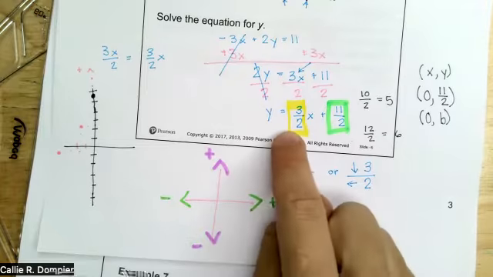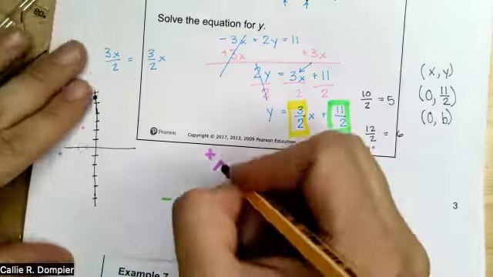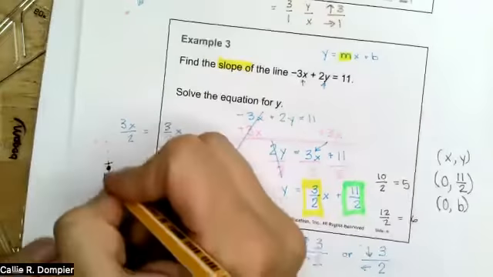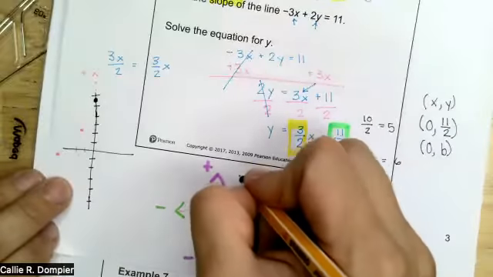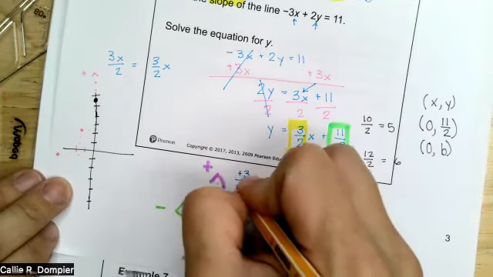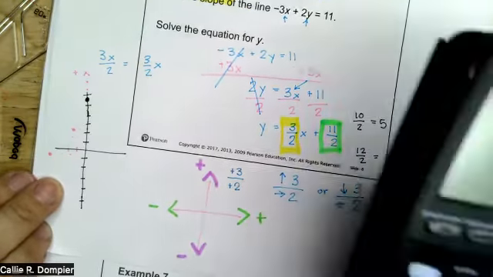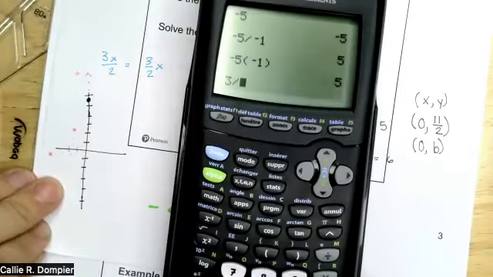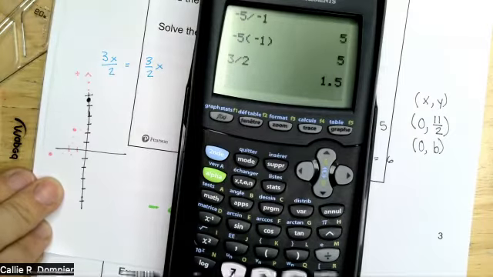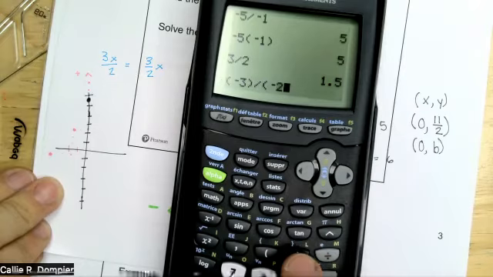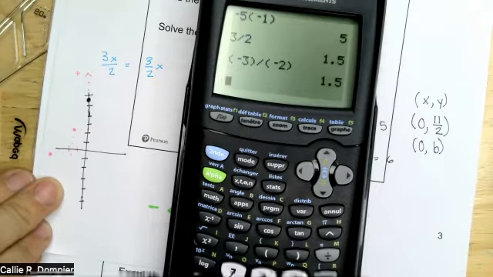So for 3, 2, which happens to be way up here, it's a +3, +2, right? If I take +3 and divide it by +2, I get 1.5. However, 2 negatives being divided also gives me a positive number.